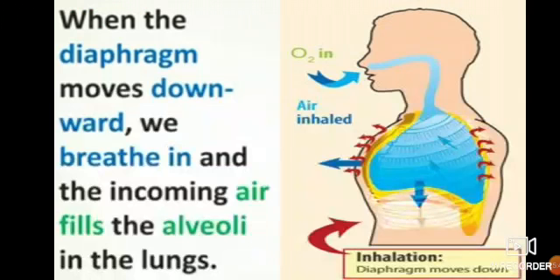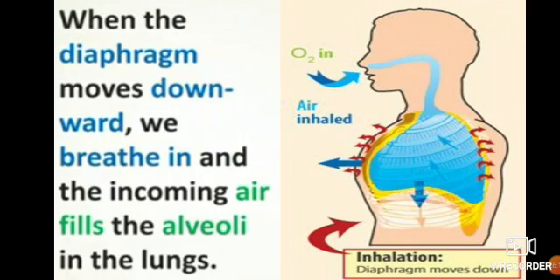Okay, now we will see one by one. When the diaphragm moves downward, we breathe in and the incoming air fills the alveoli in the lungs. So what happens here? The air first goes in our nose, then in our trachea.